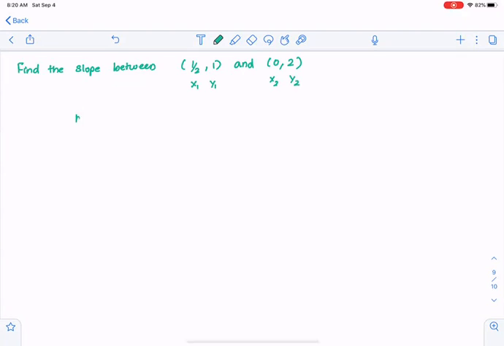So the slope m is equal to y2 minus y1 divided by x2 minus x1. y2 is 2, y1 is 1, so we have 2 minus 1, divided by x2 is 0, and x1 is negative 1/2.